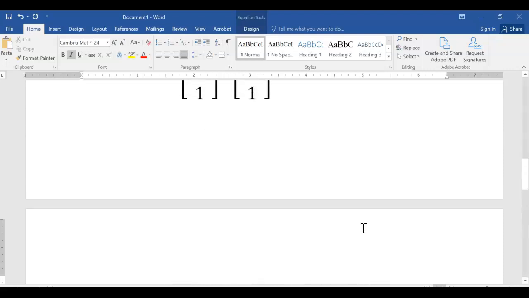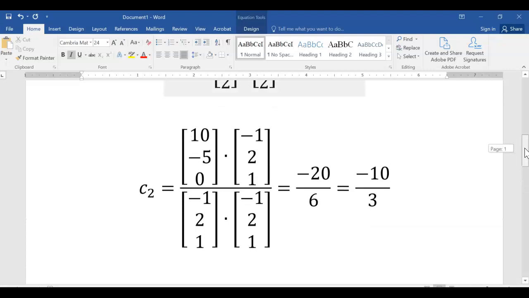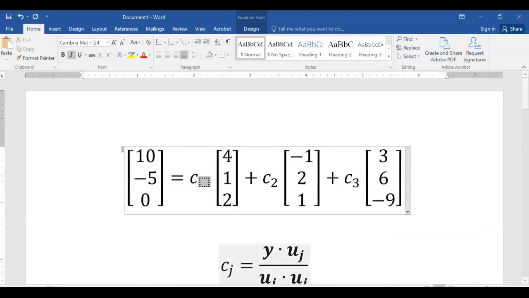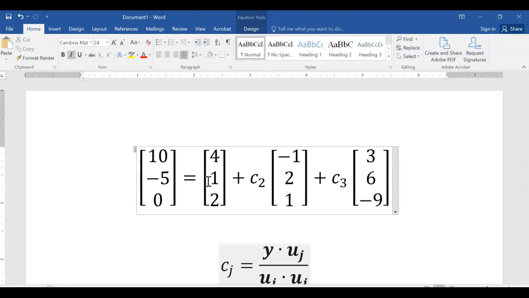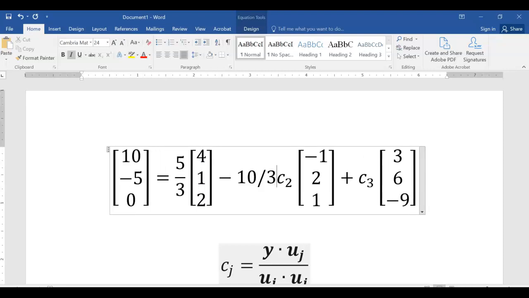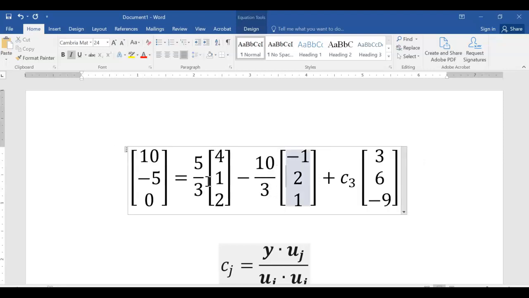Just as a side note there, if you put that in, what we get is 5/3 as the coefficient of (4, 1, 2), -10/3 as the coefficient of the second vector, and then 0.